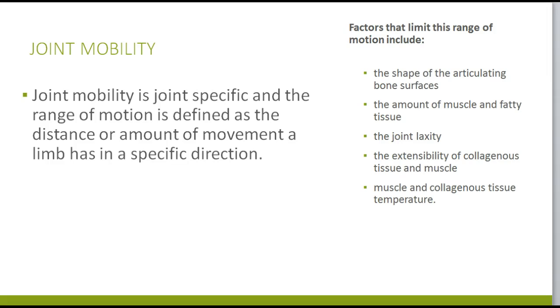Factors that limit the range of movement include the shape of the articulating bone surfaces. A hinge joint's not going to be able to move like a shoulder joint. Another factor is the amount of muscle and fatty tissue around the joint.